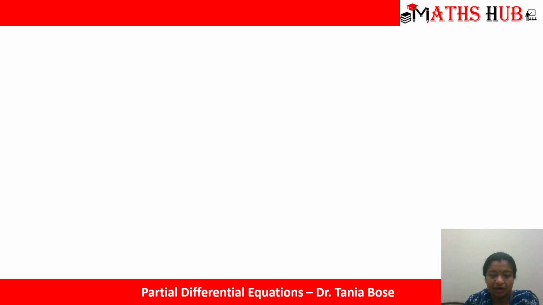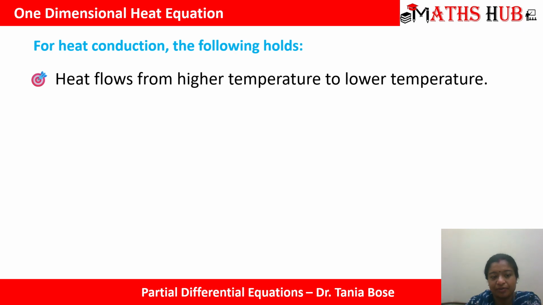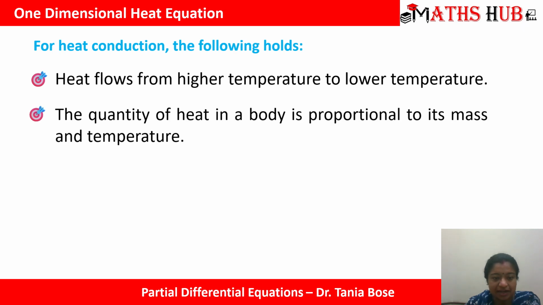So now, for heat conduction, what all do we need to know? The first thing is that heat always flows from higher temperature to lower temperature, right? Secondly, the quantity of heat in a body is always proportional to its mass and temperature.